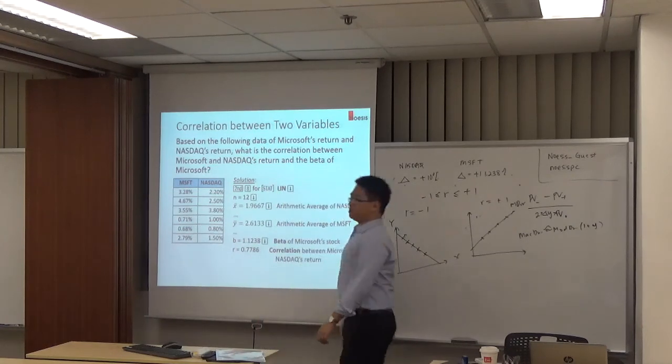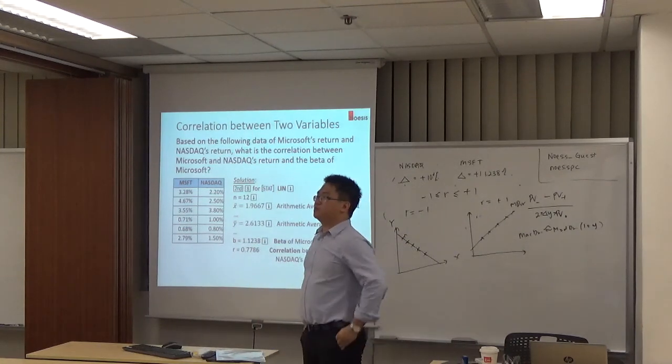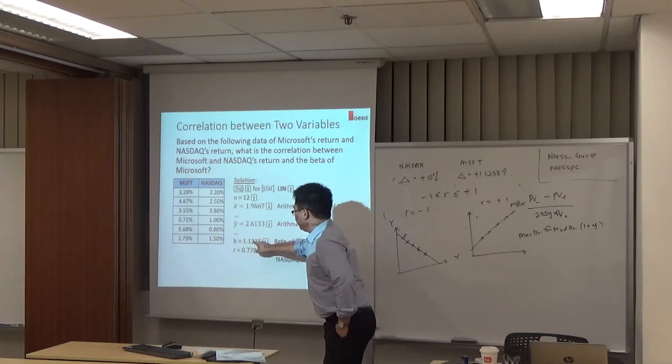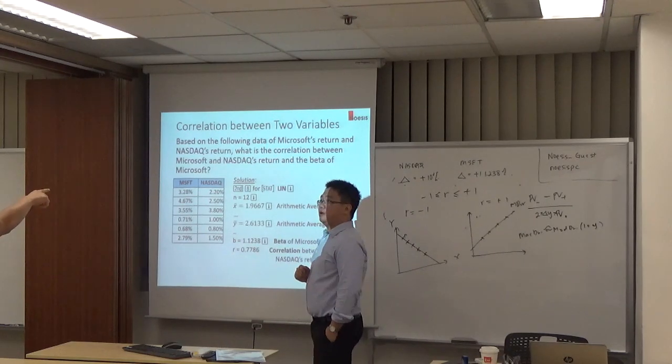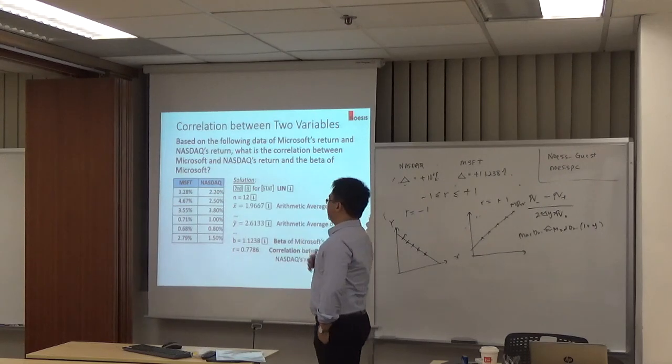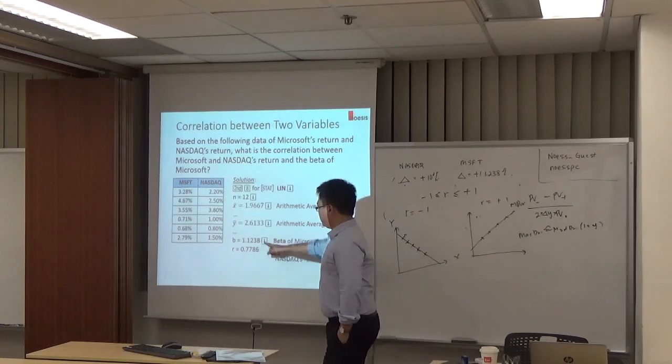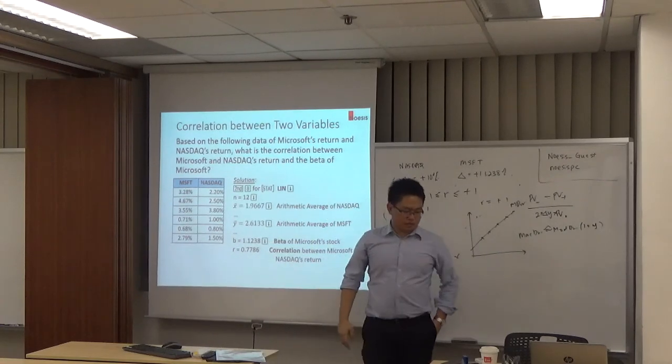Even if I interchange them, this will still be the same, but this will be different. The average X and Y will switch. This one will be different. Okay, thank you so much.